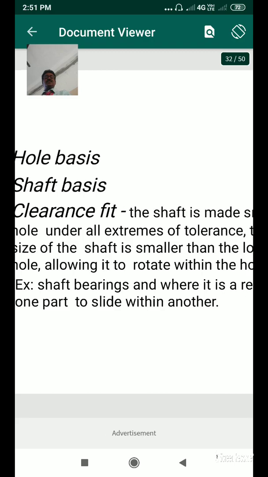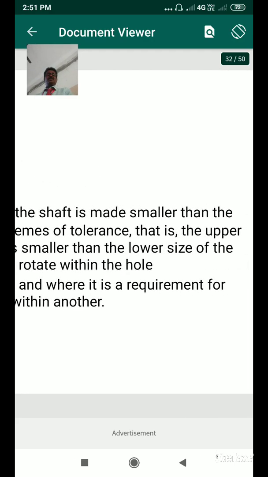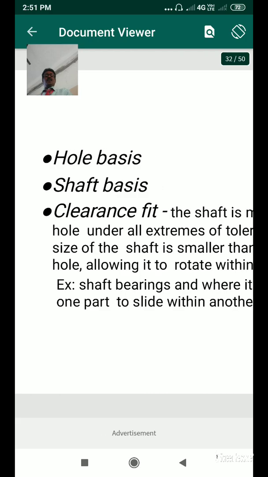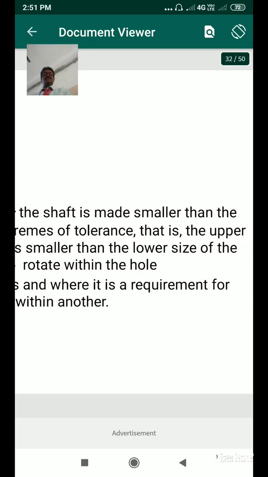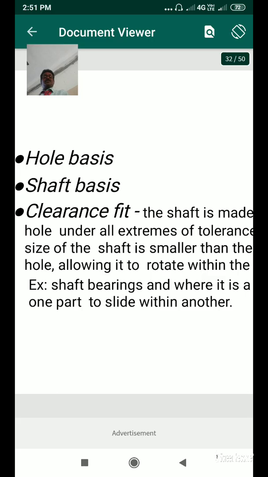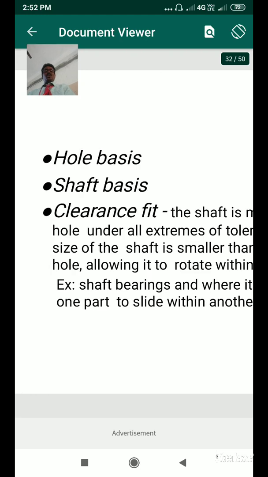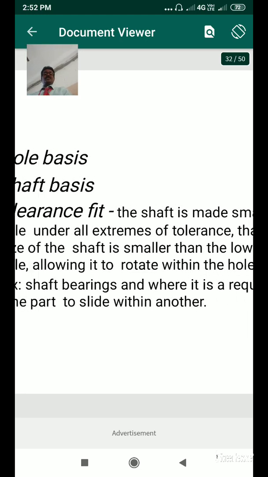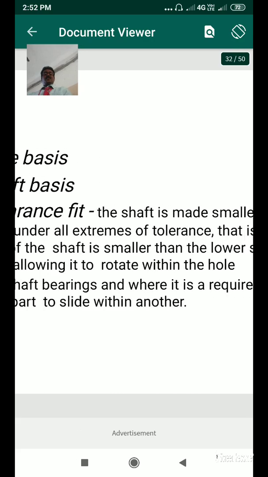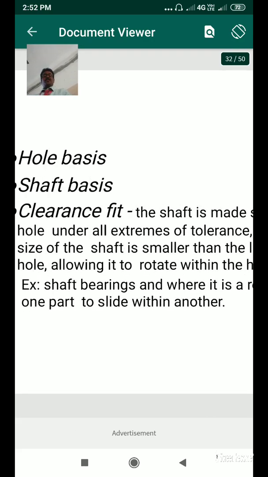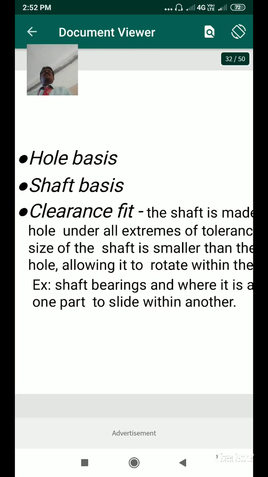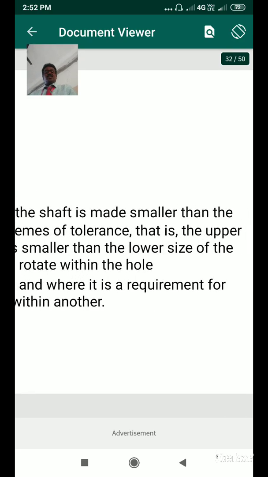In the clearance method, the shaft is always smaller than the hole under all extremes of tolerance, that is, the upper size of the shaft is smaller than the lower size of the hole, allowing it to rotate within the hole. That is called hole basis. It is used for shaft bearings, and where there is a requirement for one part to slide within another. That means a shaft should revolve, so it can be given some clearance. So it is called a hole basis clearance, shaft basis clearance.